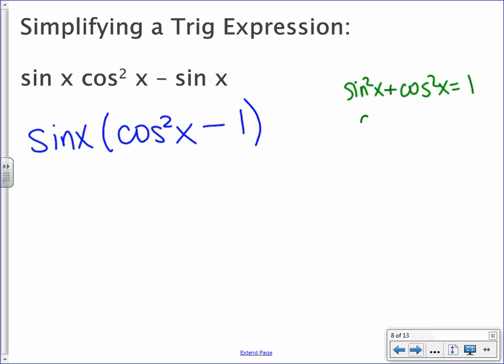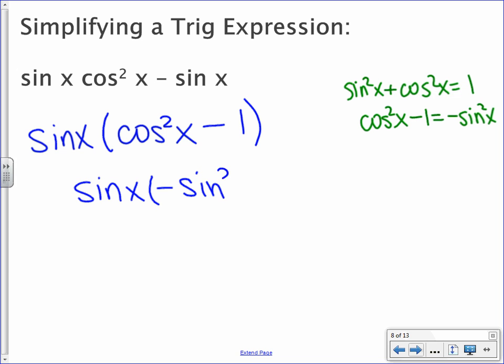If I keep the cosine squared over here and subtract the 1 over, that would mean that we would need to move the sine squared over. Do you agree? Okay. So cosine squared minus 1 is the same as negative sine squared. So this is sine x times negative sine squared x, which is negative sine cubed.